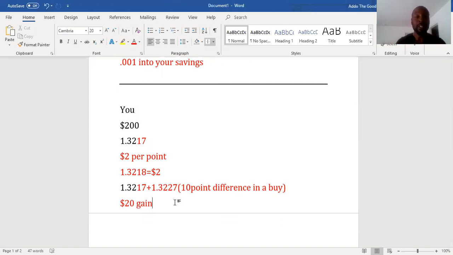Once you get this $20 gain, you can take it from the market, put it into your account, and spend it immediately. It may take an hour or two, depending on how you're transferring it, but you can have access to this money. No penalty to withdraw, nothing. These are strategies of active investors.